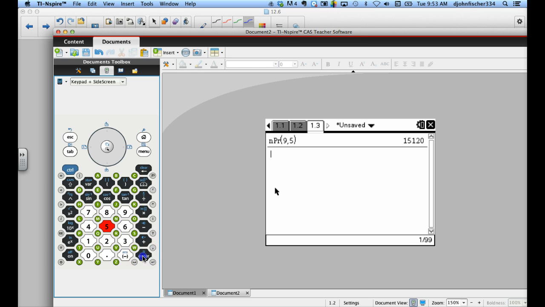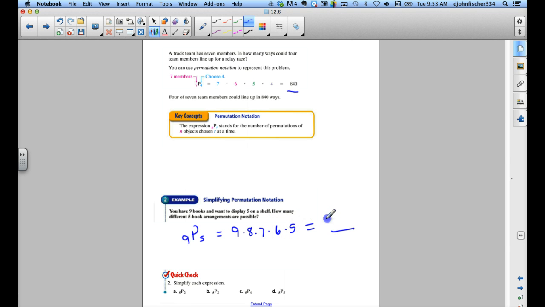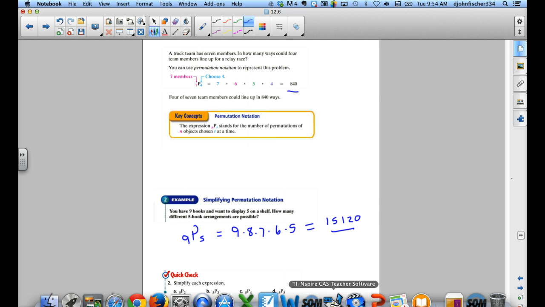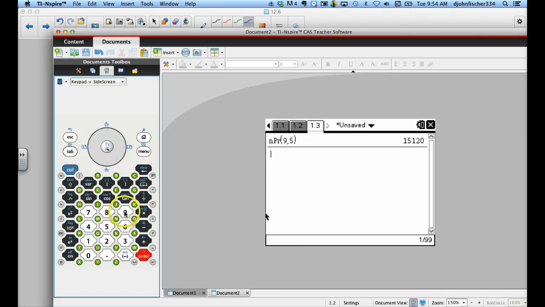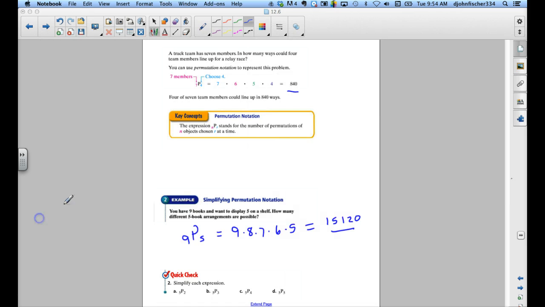We're choosing 5. 15,120. So if I just go back to my calculator and go 9 times 8 times 7 times 6 times 5, I got 15,120. So not too bad.